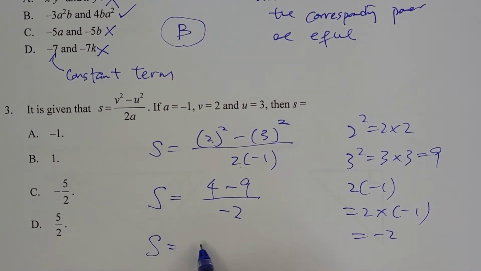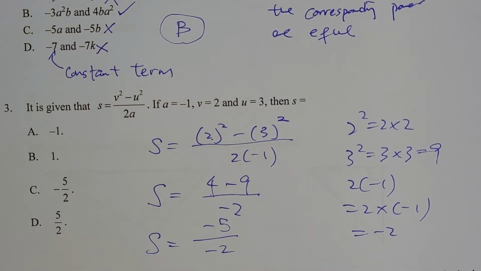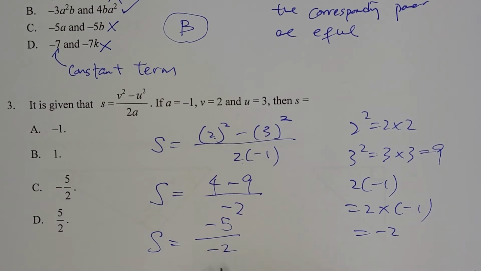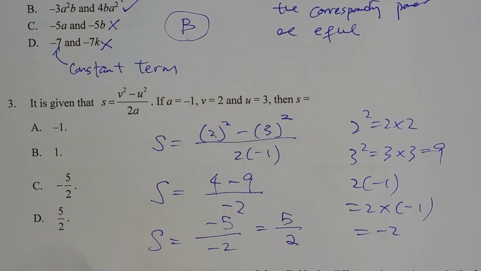So that is 4 minus 9, that is negative 5, and then over negative 2. A negative number divided by a negative number changes back to a positive number. So answer is D.